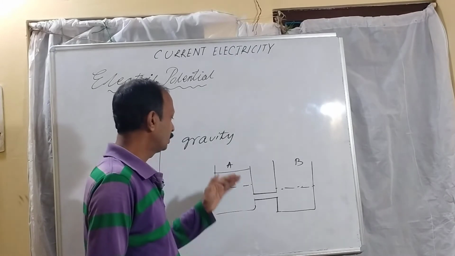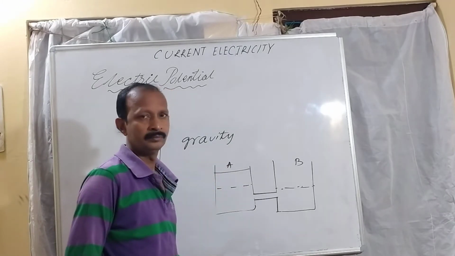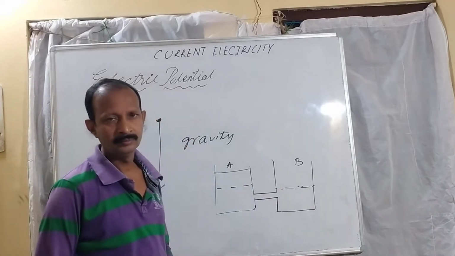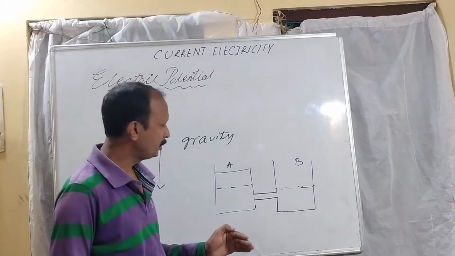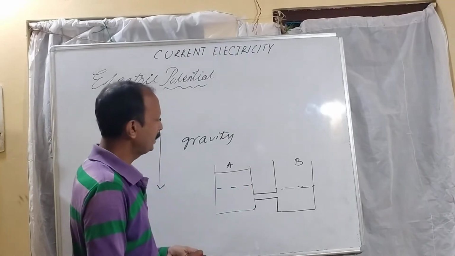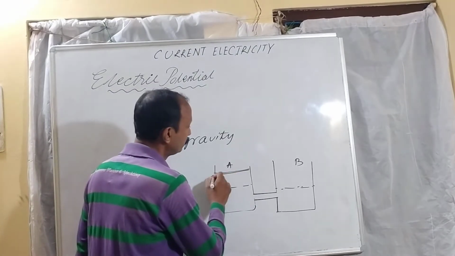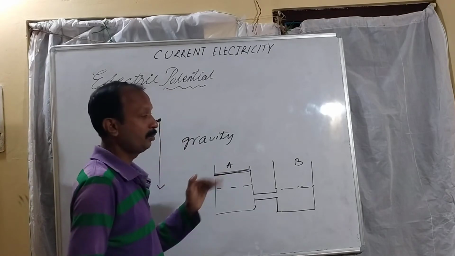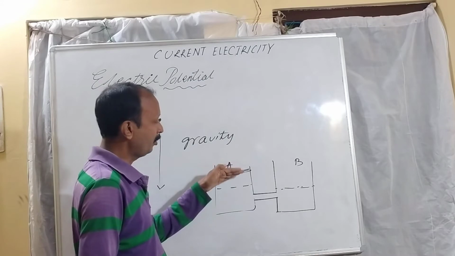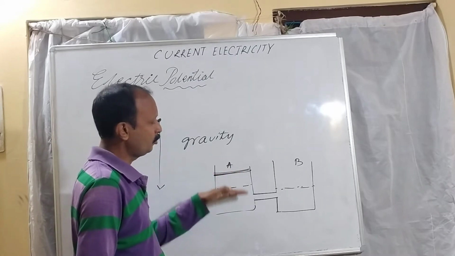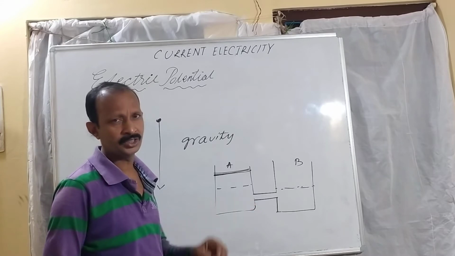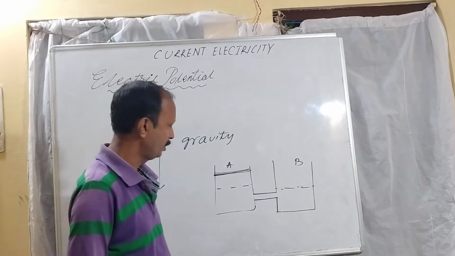Definitely, the water will flow from container A to container B. What is the reason? The reason is the level of water in container A, the height of the water. Due to the height of the water, the potential energy will be higher. What you have studied in the lower classes, potential energy is equal to mgh.